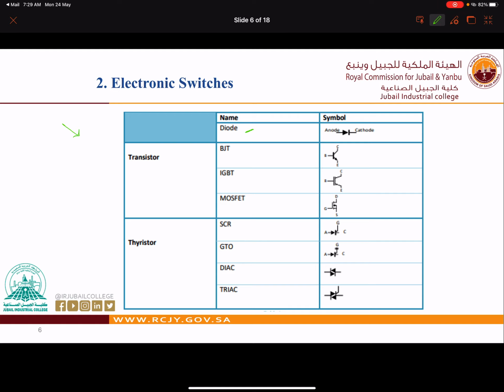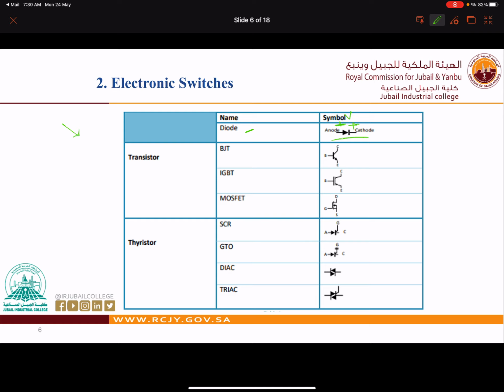As we said, this is the diode here. So this is the symbol of the diode. We have anode and cathode. Anode is positive, cathode is negative, right? So when you have power supply here, I will just give you an introduction. When you have power supply here, positive and negative, then we have forward bias. And when you have the opposite, which is negative and positive, then it is reverse bias, and the current is not going through the diode.